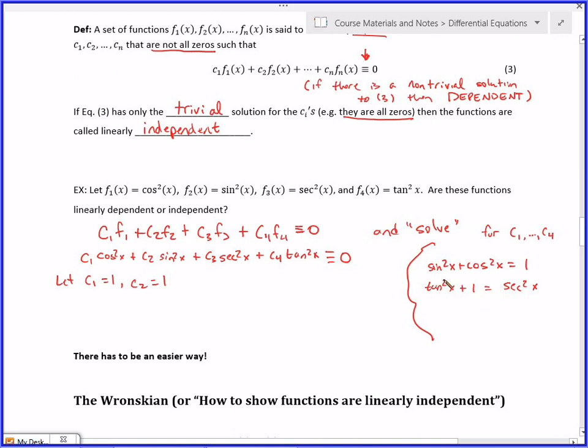But here's the thing. If I put in ones here, I get cosine squared of x plus sine squared of x, which, by the way, is going to give me 1, right? Is there a way to combine secant squared and tangent squared to get maybe a negative 1? Like, look at this guy.